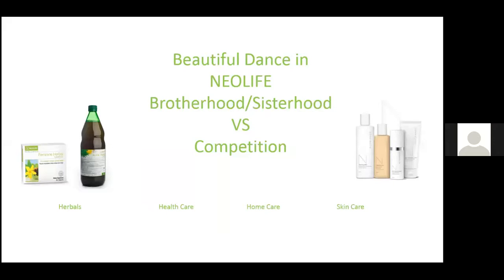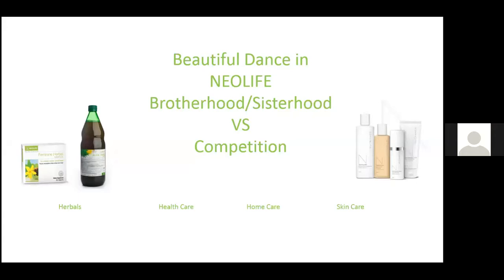The thing I wanted to mention as we close the meeting is this. Today when I was running, I was thinking about this business, and I think there's a very beautiful dance in our business between brotherhood, sisterhood, and also competition. What do I mean by brotherhood, sisterhood? People are willing to go to extraordinary lengths to help people who are not even in their downline.